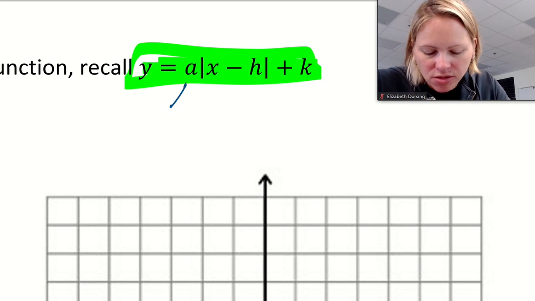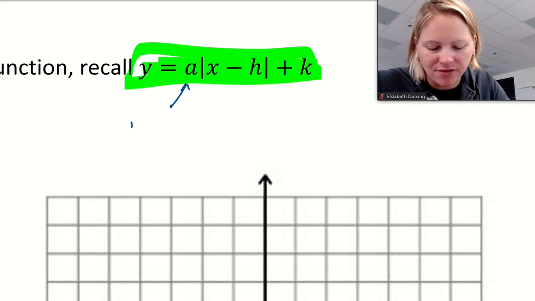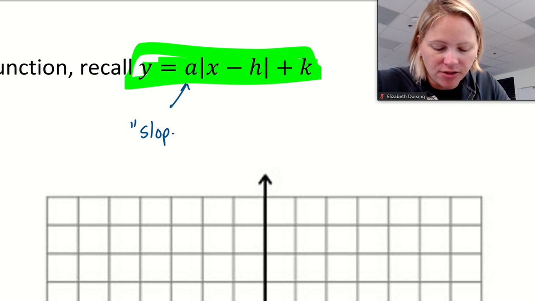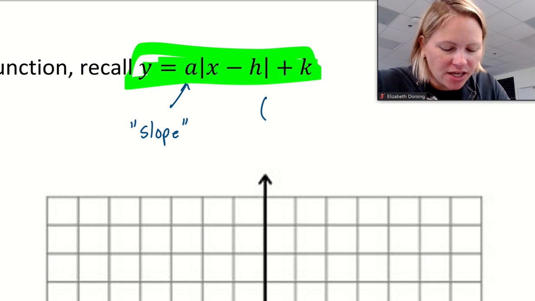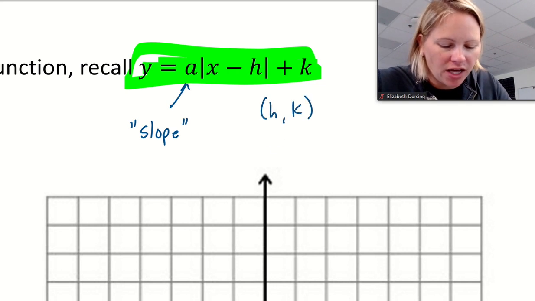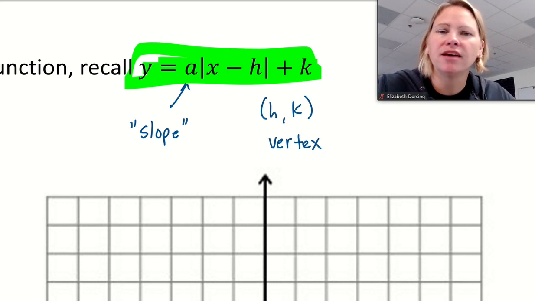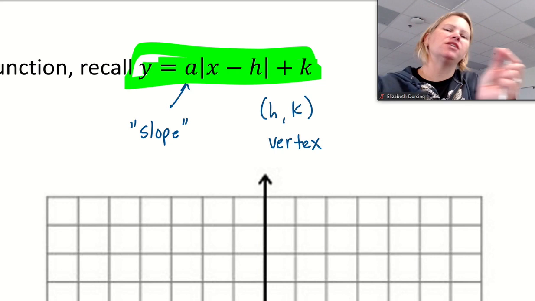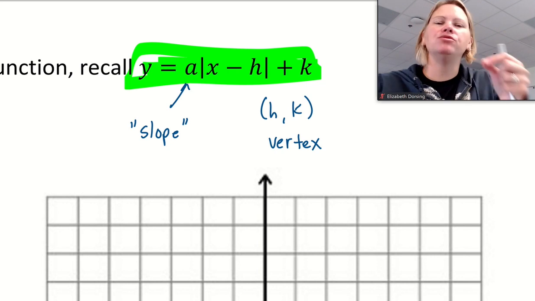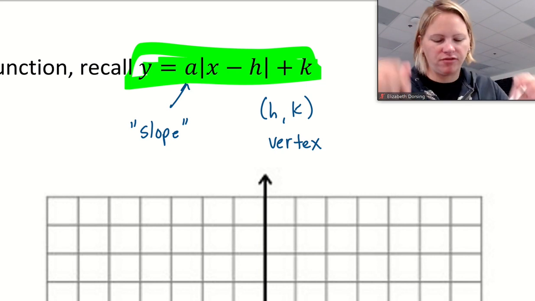But we also sometimes refer to this value a as the slope of the absolute value, and then h and k we call the vertex. So really, if the vertex is supposed to be at 0, 0, the h and the k values, whatever those numbers are, shift it left and right and up and down. So that becomes the new coordinate of the point of the v.